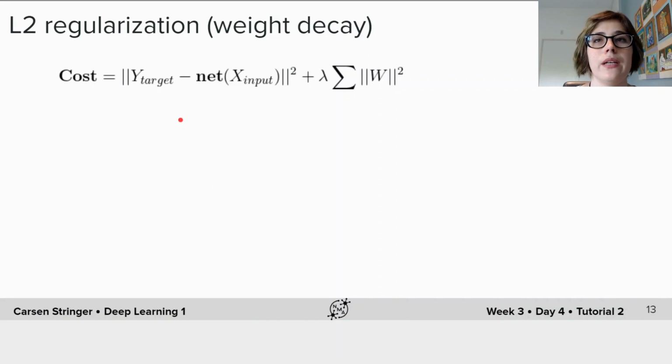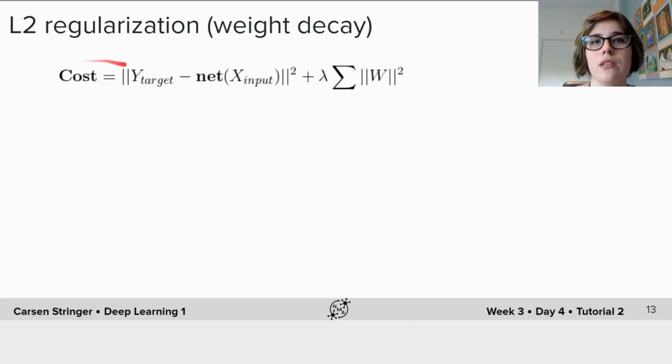So how does L2 regularization work? We have a cost function which is going to be our ordinary squared error loss term plus an additional term which is a penalty on the norm of the weights. And this prevents the weights from being large and potentially just being large to fit some noisy aspects of the training data.